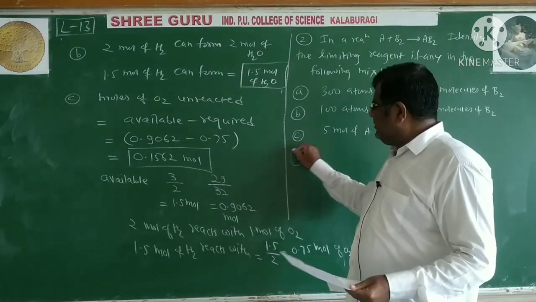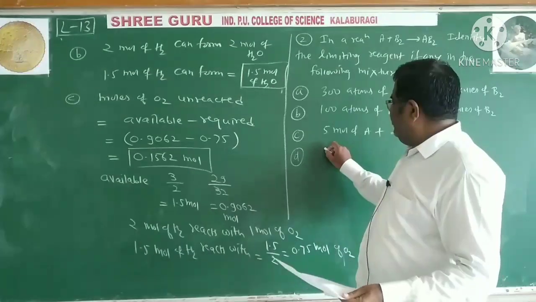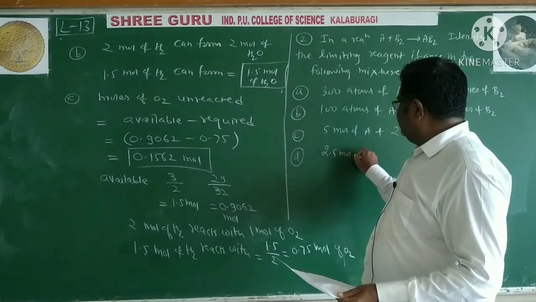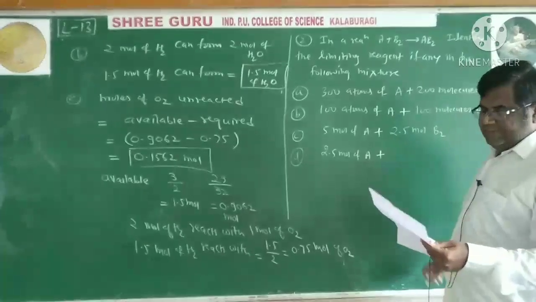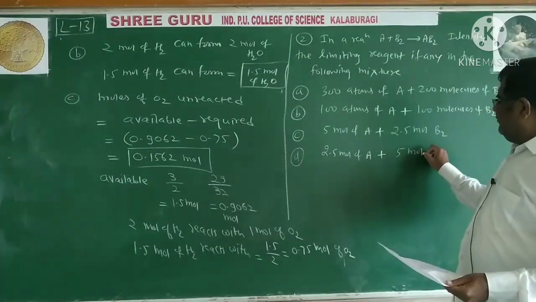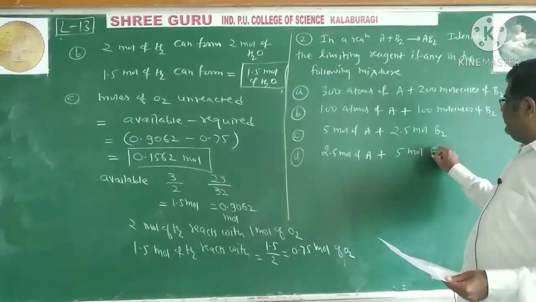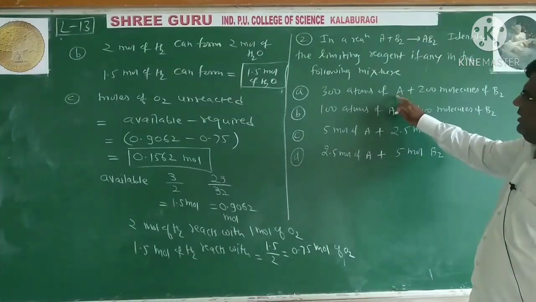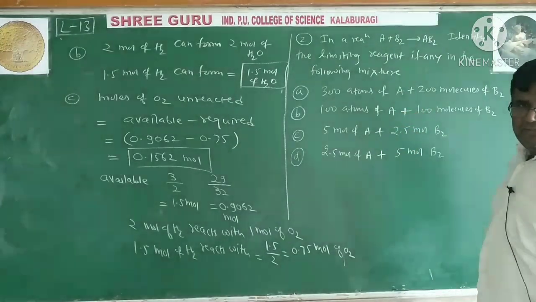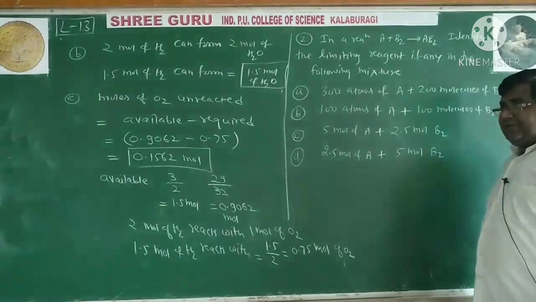And D is 2.5 mole of A plus 5 mole of B2. Right. So in this A, B, C and D, you have to tell which is the limiting reagent.